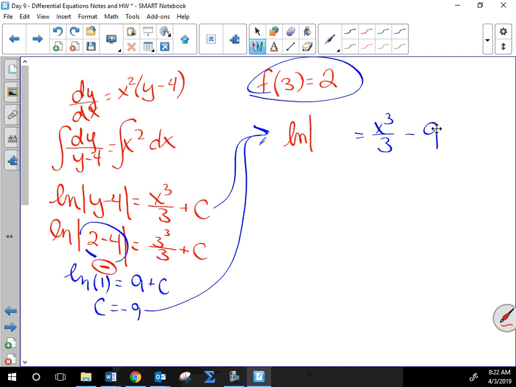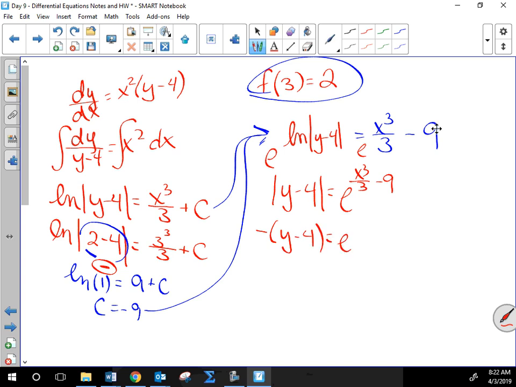The absolute value of y minus 4. Now keep in mind that this is now incorrect because I changed it. So I would do e of both sides, right? So I have the absolute value of y minus 4 equals e to the x cubed over 3 minus 9. So we want the negative of this. So then you would have negative of (y minus 4) equals e to the x cubed over 3 minus 9.